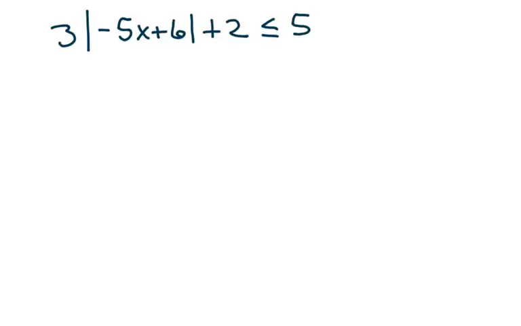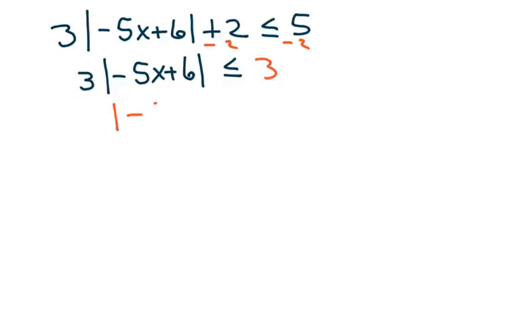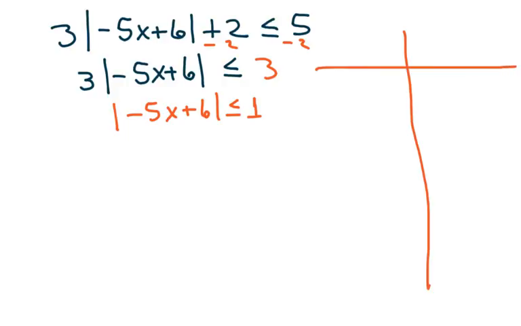Okay, the last one we're going to do is 3. Let's see if there's any tricks to this one. You know, the last one's always the hardest, it seems like. Plus 2 is less than or equal to 5. I'm going to subtract 2, sorry, from both sides, and then divide both sides by 3. So I do my little table here. Copy this down without the absolute value sign.